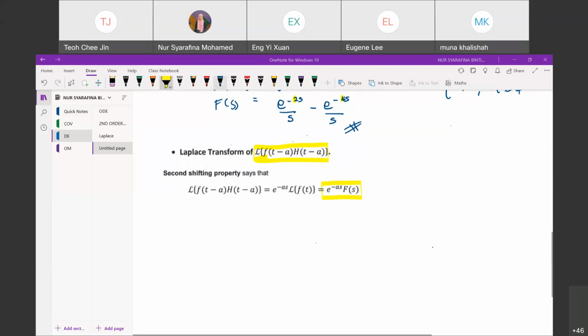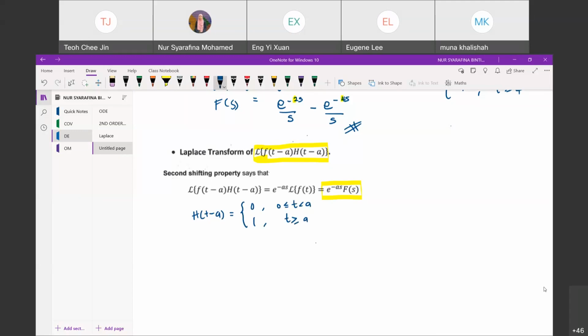Now, you know that the unit step function h(t minus a) is given by 0 from 0 to a, and 1 for t greater than or equal to a.